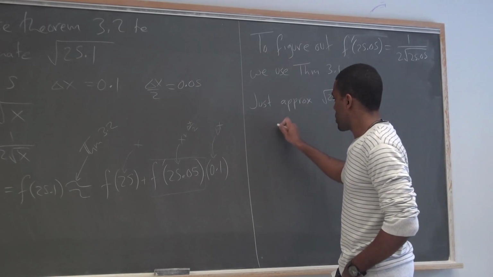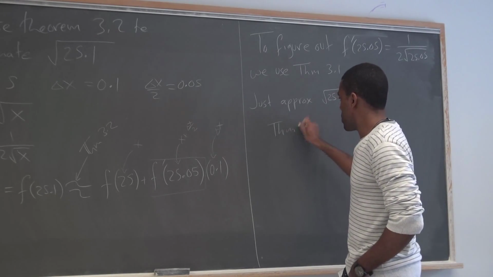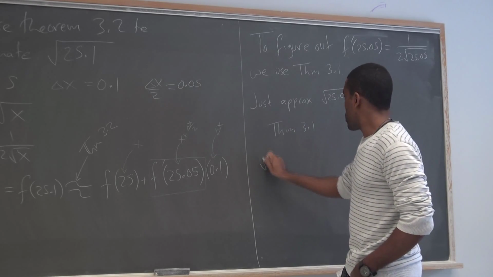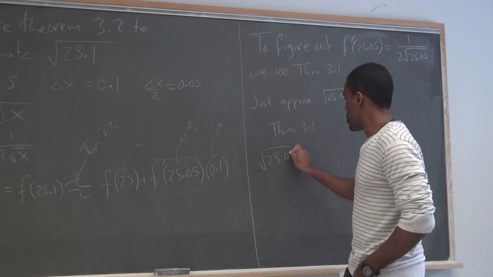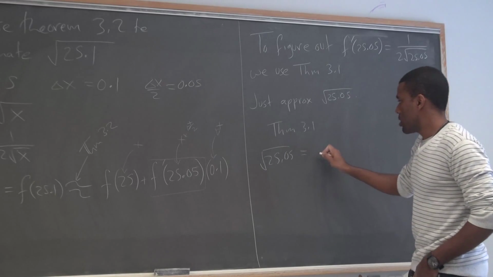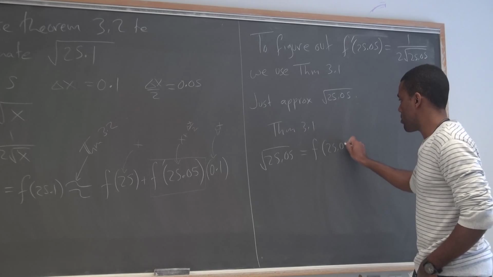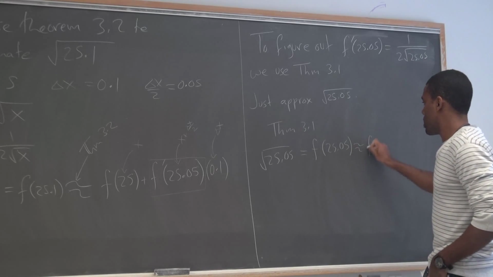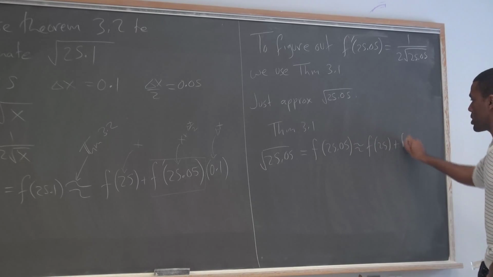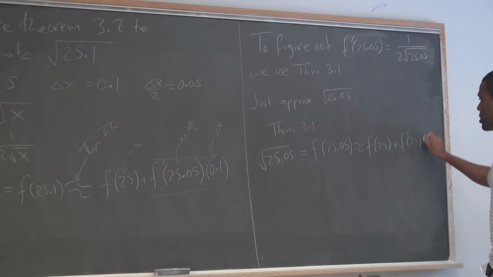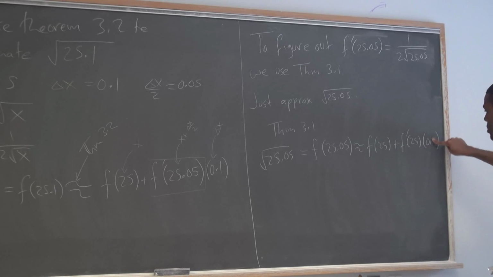So now by theorem 3.1, radical of 25.05 is just f of 25.05, which is f of 25 plus f prime of 25 times my delta x, in this case 0.05.